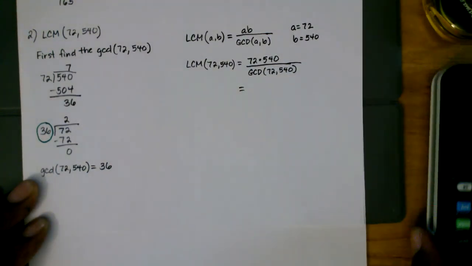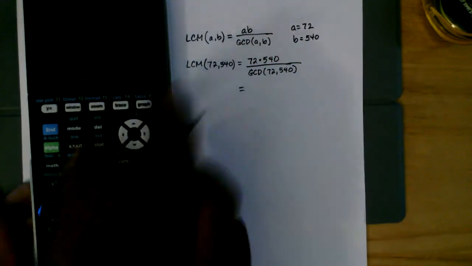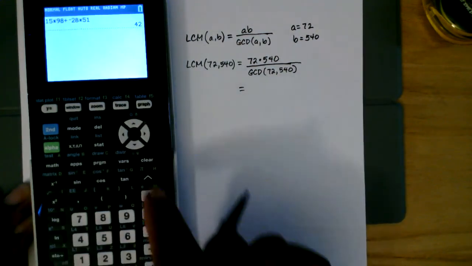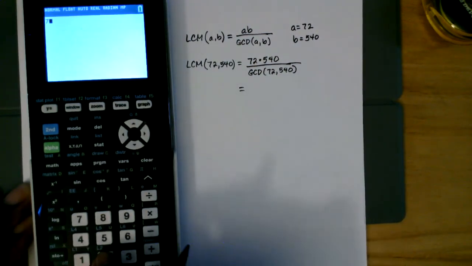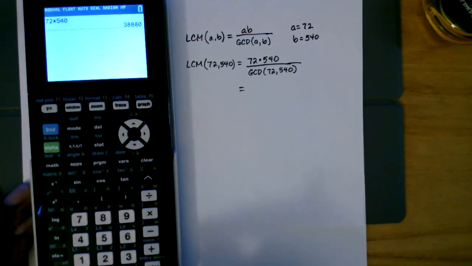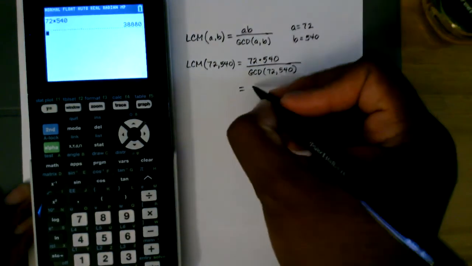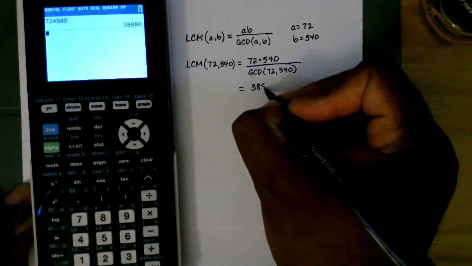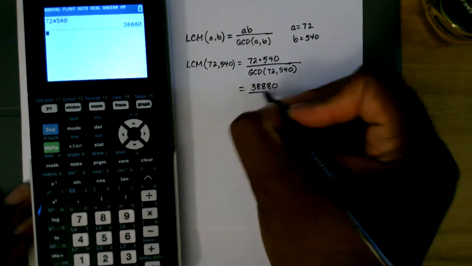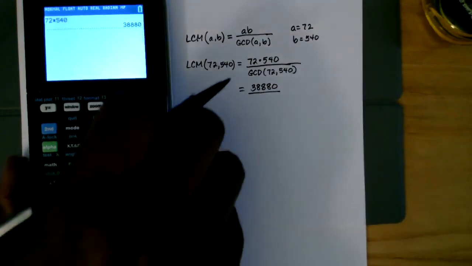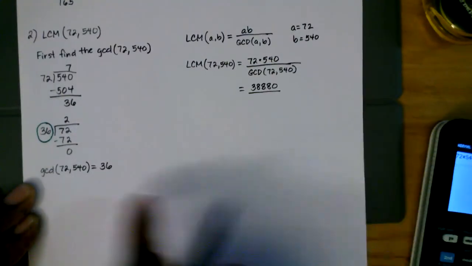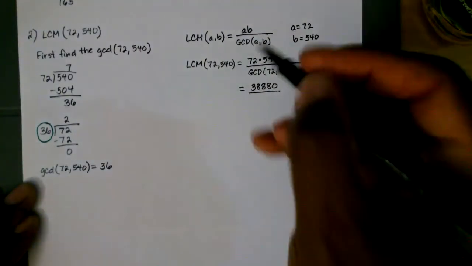All right, now let's simplify this. I'm going to multiply 72 times 540. That would give me 38,880. That's divided by the GCD of 72 and 540, which we found to be 36.